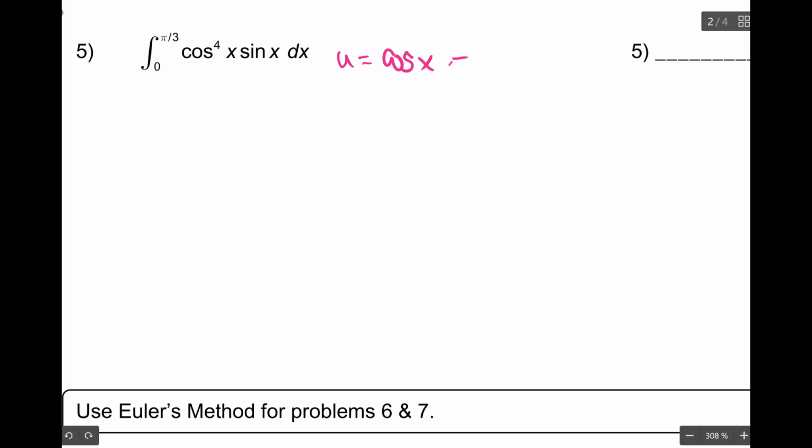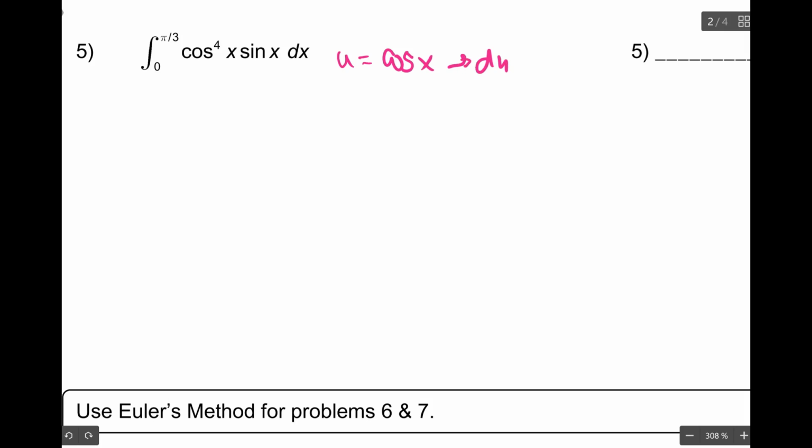Because when I do that way, because cosine is to the 4th power, and the derivative of cosine deals with sine, I'll knock out the sine, and then I'll just have u to the 4th. Yeah. Okay. Because the only reason I do that is because cosine is the one with the exponent. Okay, well, yeah. I try to make things as easy as possible for myself.